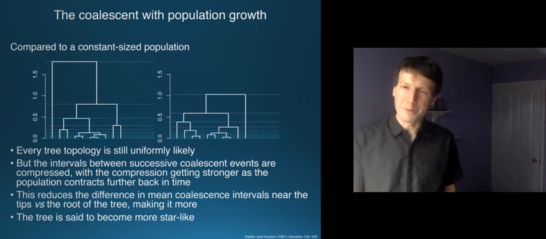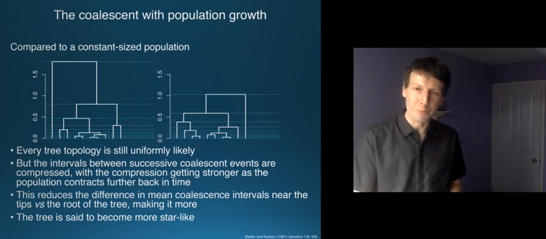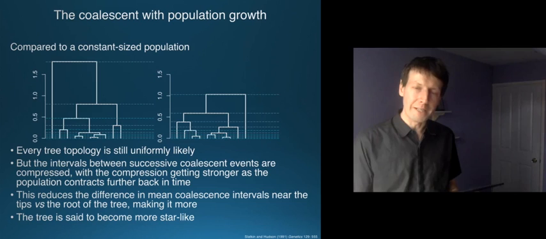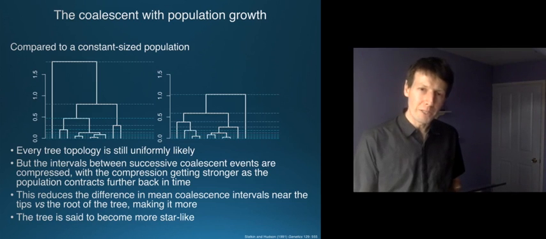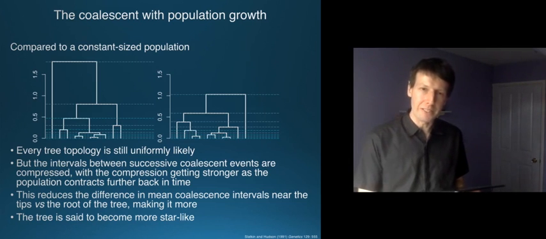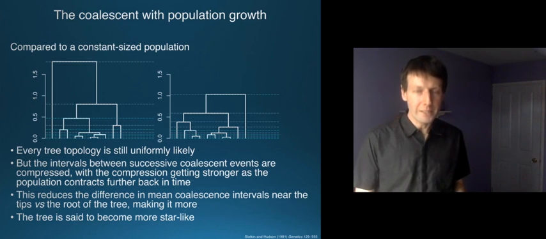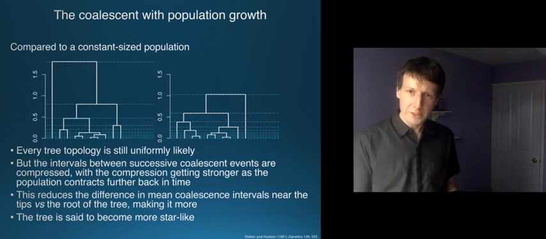What use is this? Because actually one doesn't directly observe trees, one observes sequences. And the key point is that one can infer the tree, and by inferring the tree, one can interpret patterns of genetic diversity in terms of demographic changes over time. And so one can really kind of read the tea leaves, and by interpreting sequences in the right way, one can learn things which are not immediately apparent.